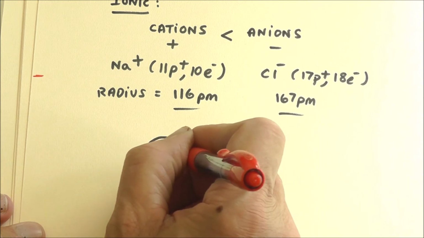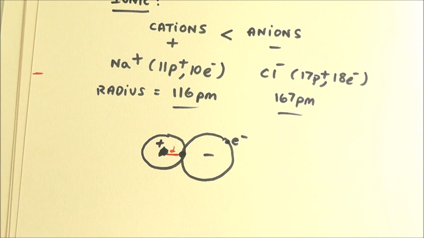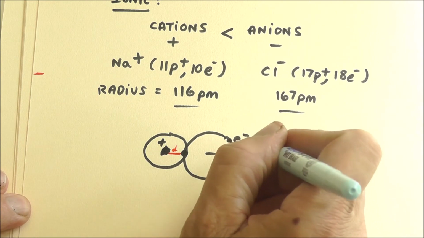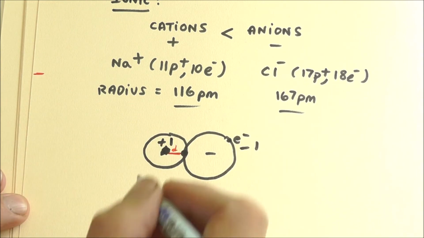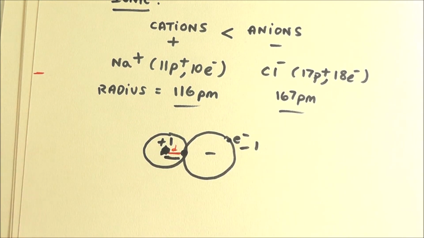We'll call that d. And those forces in ionic compounds are extremely large and strong, because you got big charges, +1, -1. All right, and then they're very, very close together. They're practically almost touching each other.